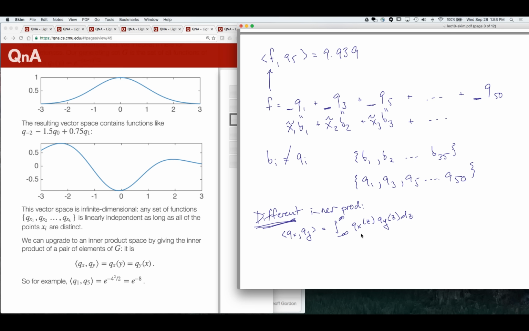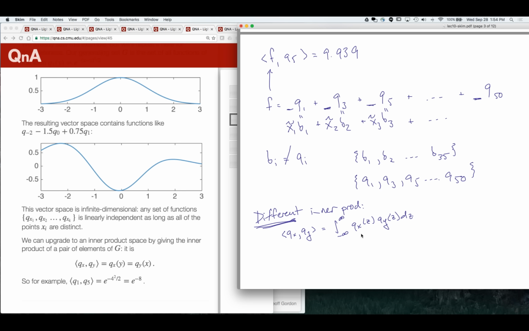Okay, we're getting a question about why we care about an inner product in the first place. And that's an excellent question. So the reason we care about an inner product is that it allows us to start to do geometry on the space. So before, the vectors are just these opaque elements.